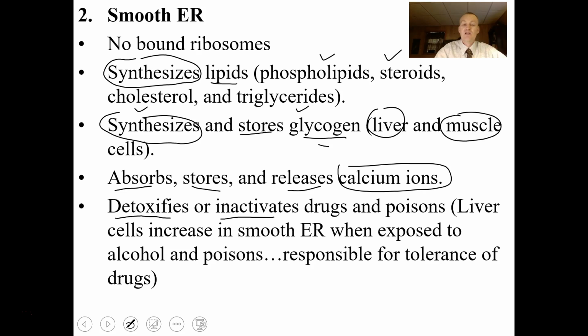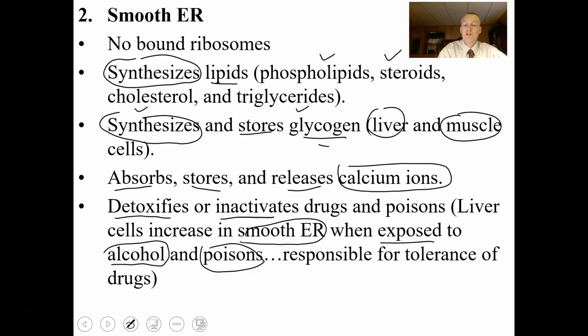And the liver cells, because they have lots of smooth ER, help to detoxify drugs and poisons that we ingest in our food that we eat. So if you're exposed to alcohols or poisons or drugs, the smooth ER in the liver will help to detoxify that. And if it escapes through the liver, then it comes back because the blood always goes to the liver, and constantly the liver is taking alcohol and poisons out of your circulation.